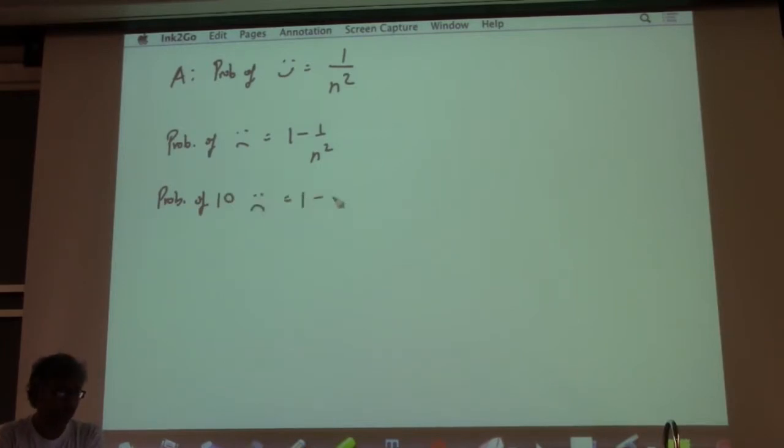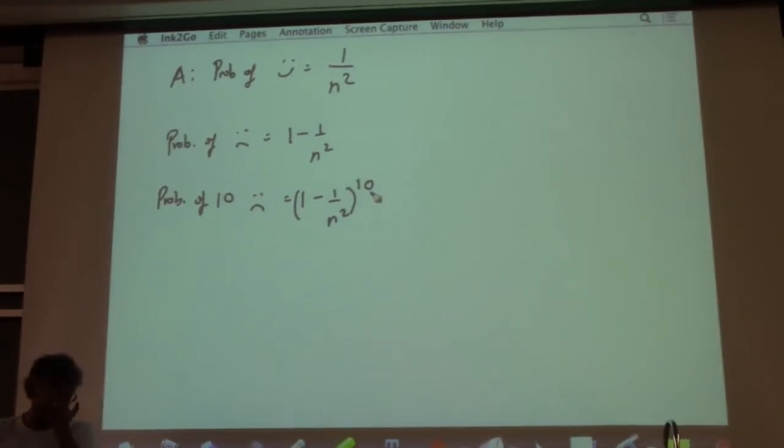That will be (1 minus 1 over n squared) to the 10, because each of them has to fail for me to fail. Not just one, they all have to fail. Now remember, 1 minus 1 over n squared is a number that's less than 1. If I take it to the 10th power, it becomes even less than 1. Which is good.